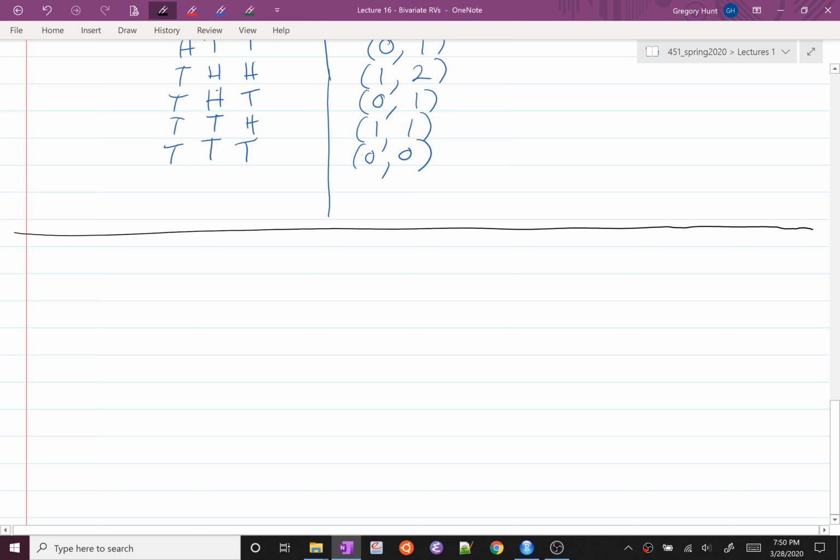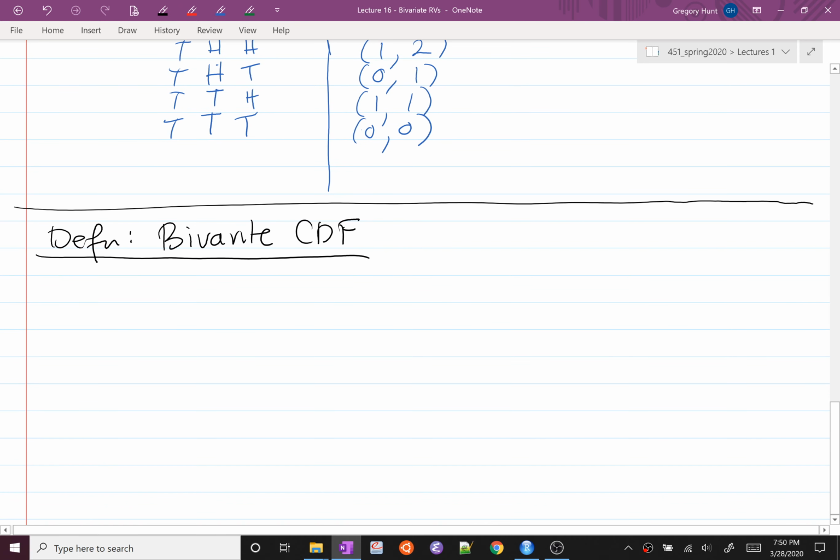And so we're going to start, and we're going to define the bivariate version of a CDF, the bivariate cumulative distribution function.